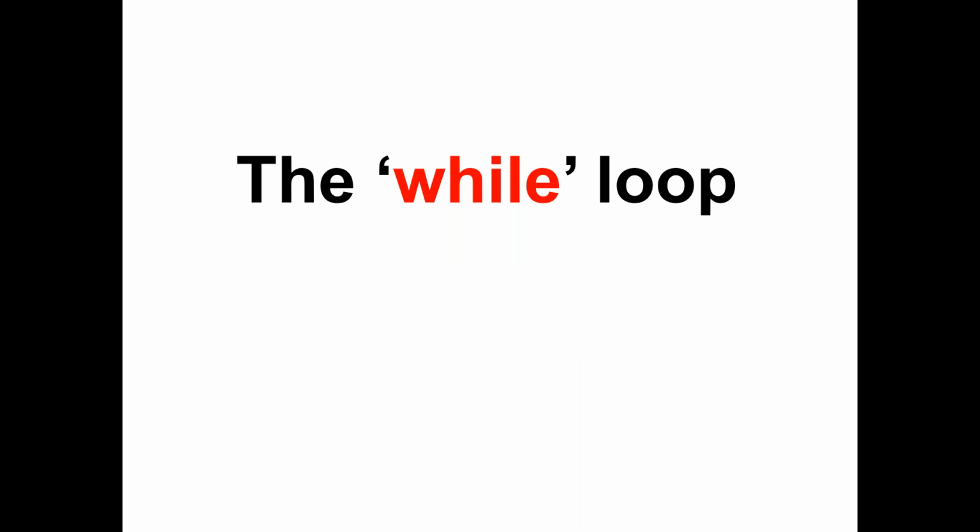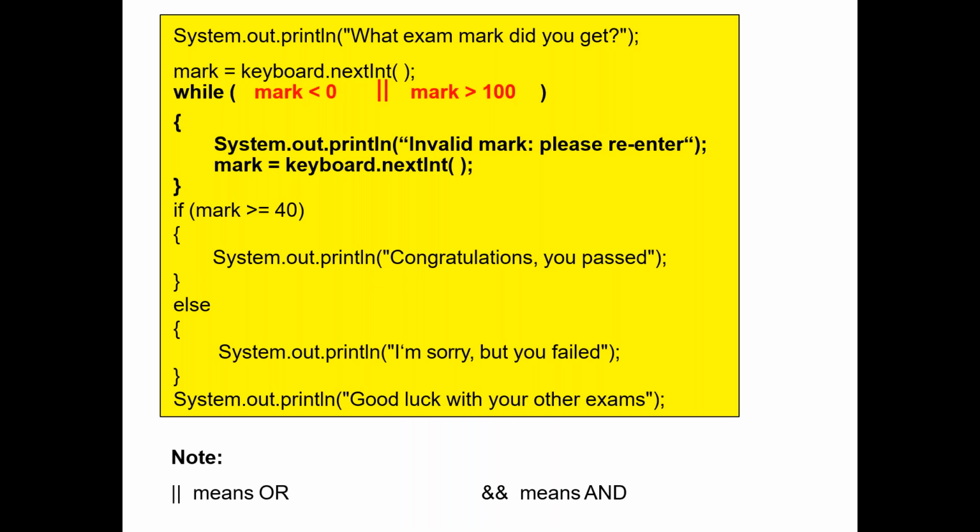So with the while loop, which has a different function, we have a condition where we have to look into whether our mark is less than 0 or greater than 100.